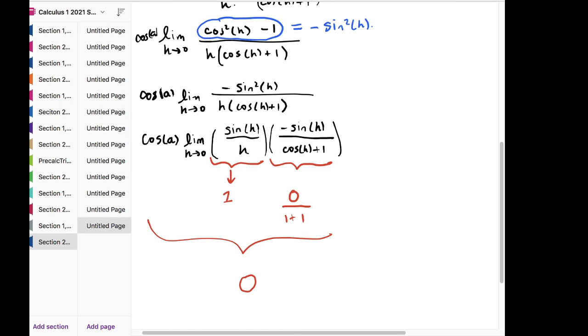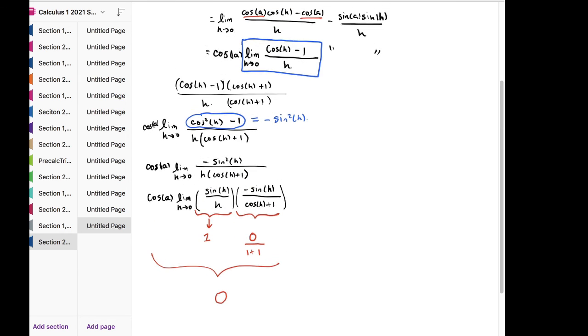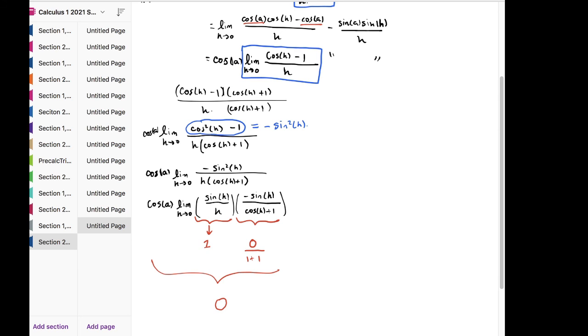Okay, so what does that mean? That all we're left over is the other part. Limit as h goes to 0 of sine of a, sine of h over h.